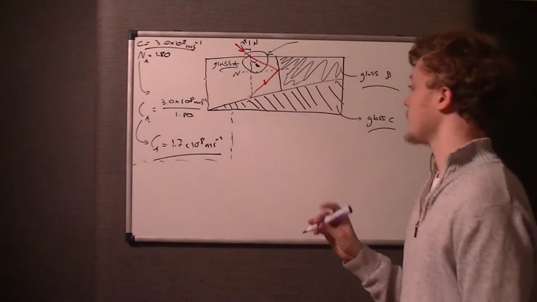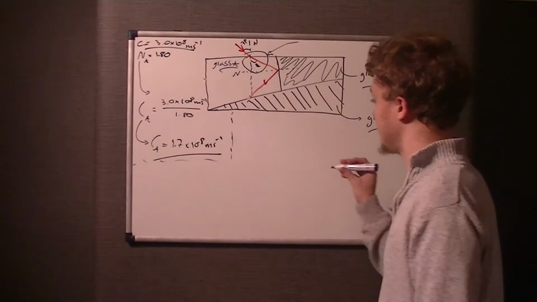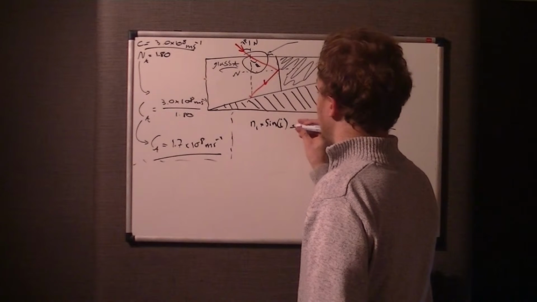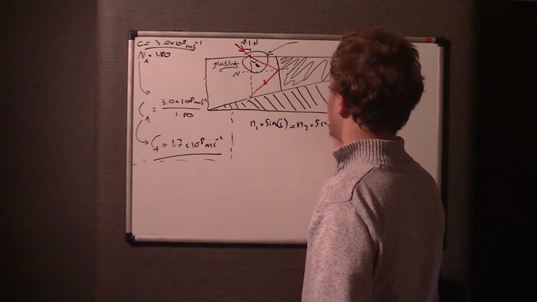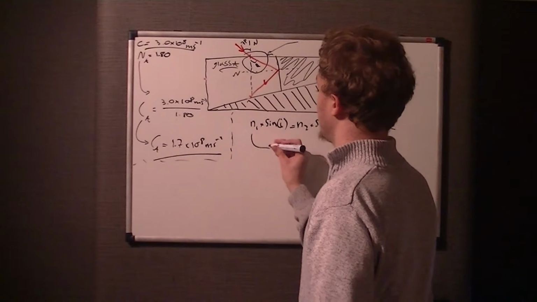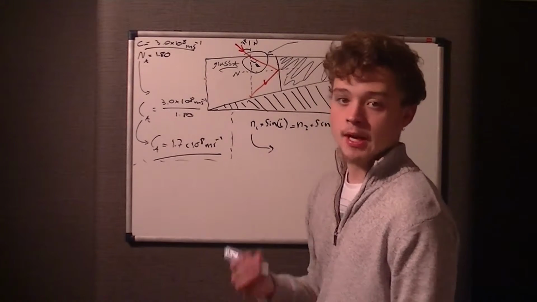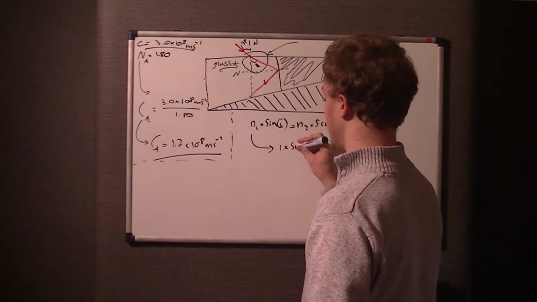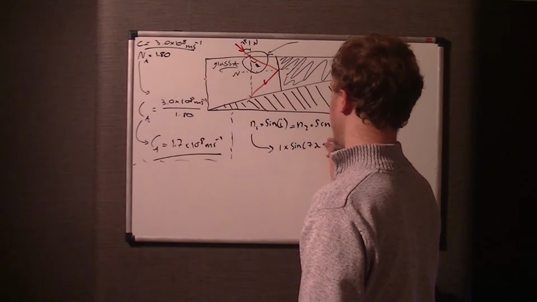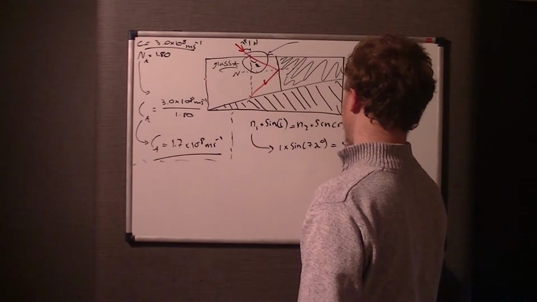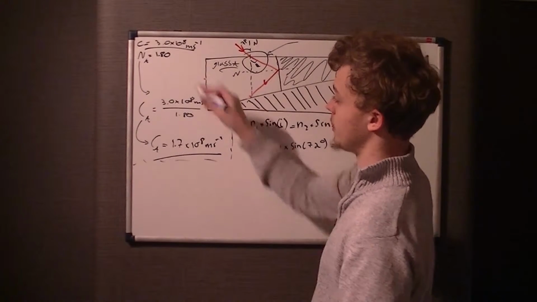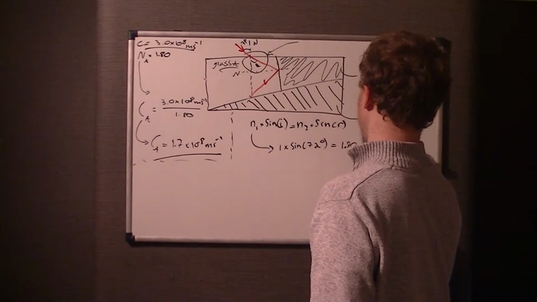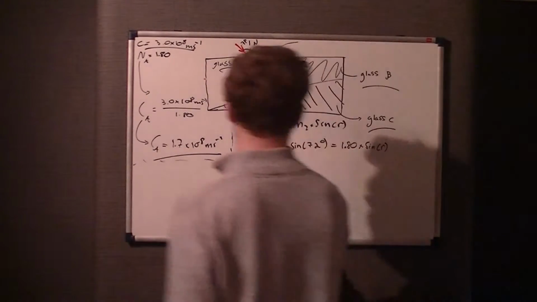We use our standard rule, Snell's law: n1 times sine i equals n2 times sine r. Now n1 is the refractive index of substance 1, which is air, just 1, times the sine of the incident angle, which is 72 degrees, equals the refractive index of substance 2, glass A, which is 1.80, times the sine of the refractive angle, which we don't currently know.